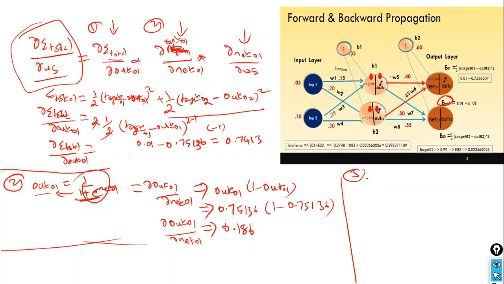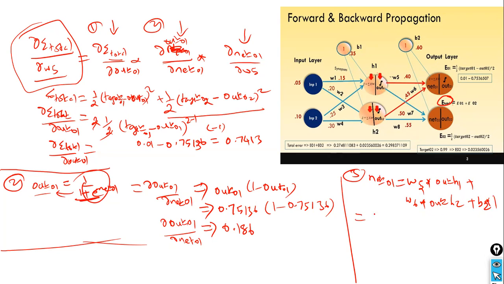So net O1 is nothing but W5 into your out H1 plus W6 into out H2, plus the bias unit B2 into 1.